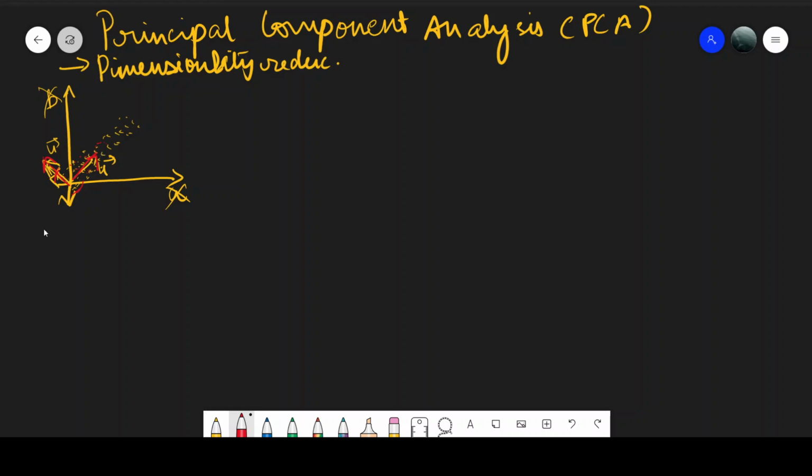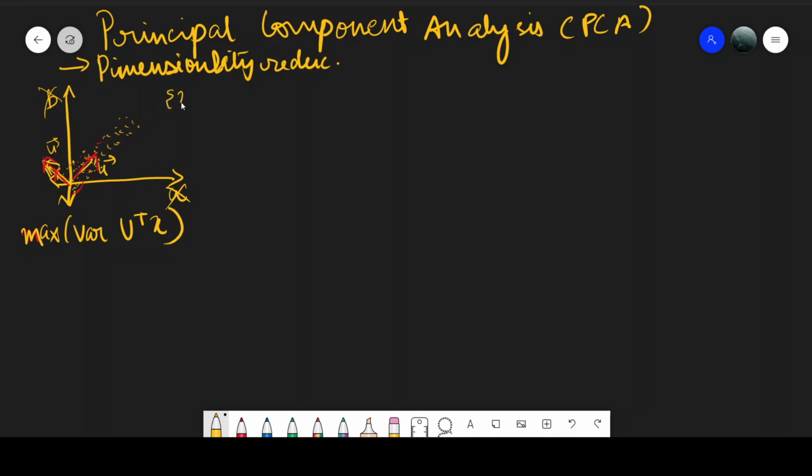So how do we go about deriving this and how do we prove it? So basically, we can pose our optimization problem this way, that we want to maximize the variance of the projection of the data points on the vector U, all right?